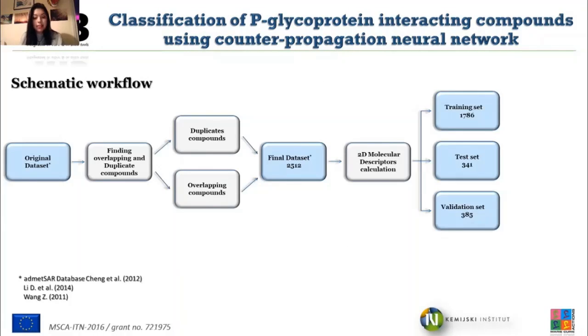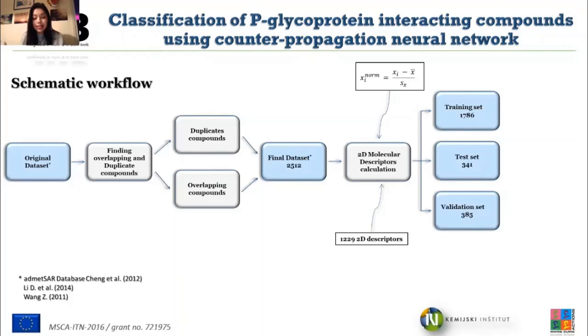The data set was retrieved mainly from the ADMET-SAR database, but also from other literature sources. 2D molecular descriptors were used. These descriptors were normalized using this formula, and in the end, 1,229 descriptors were calculated.